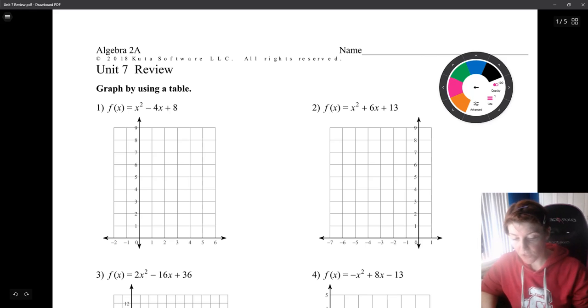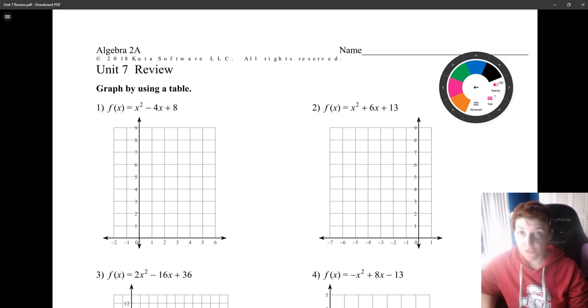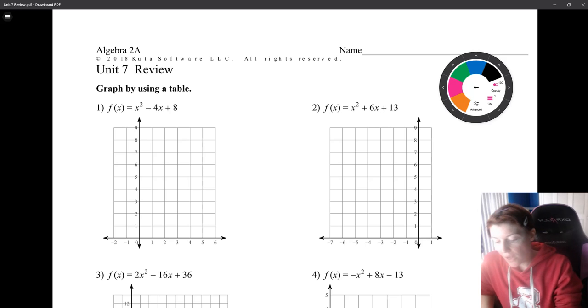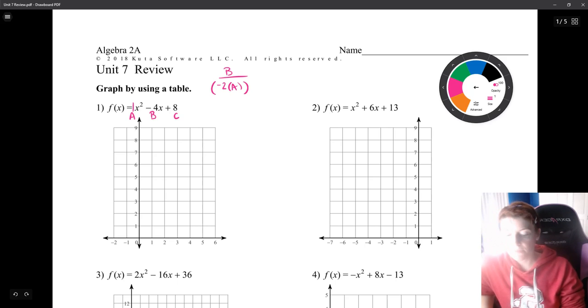All right. So we're going to start out with our first problem. Our first problem says graph using a table. So I am going to be using the formula b over negative 2 times a, where a is the number in front of the x squared, b is the number in front of the x, and c is the number all by itself.